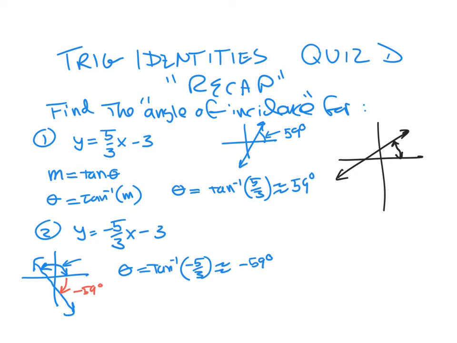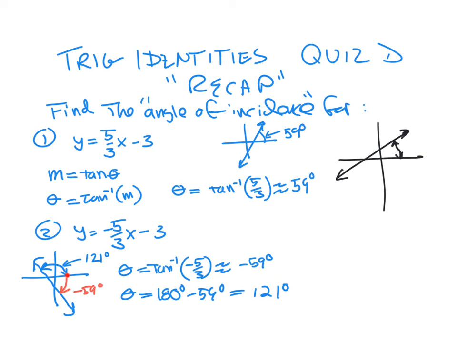So actually, our theta is going to be 180 degrees minus 59 degrees, which is 121 degrees. And looking at what I've got here, that certainly looks like, yeah, that could be 121 degrees. That makes sense. Sure, -59 degrees, I buy it, but that's not how we define the angle of incidence.